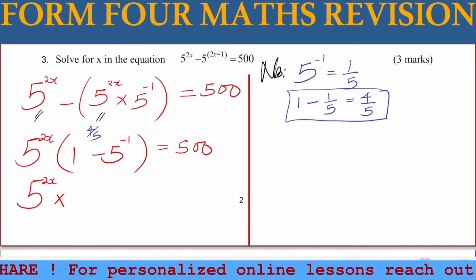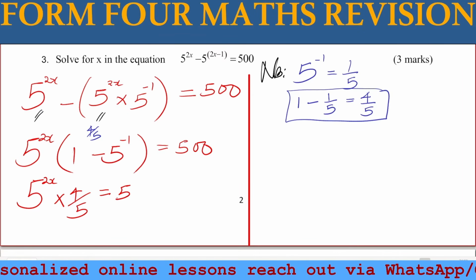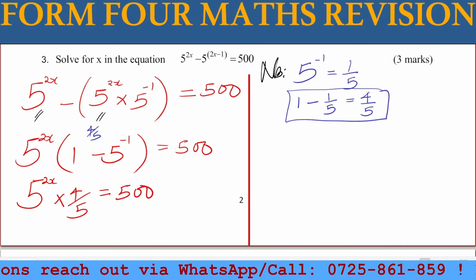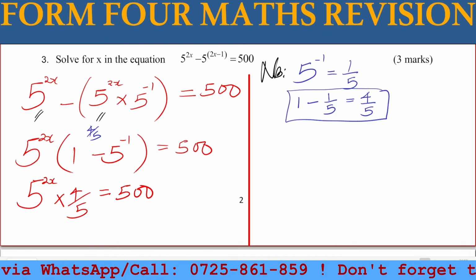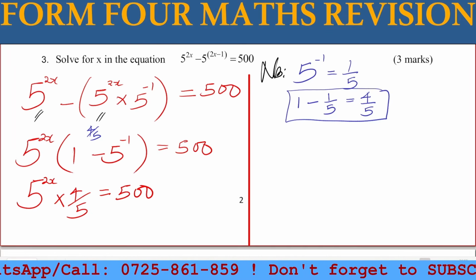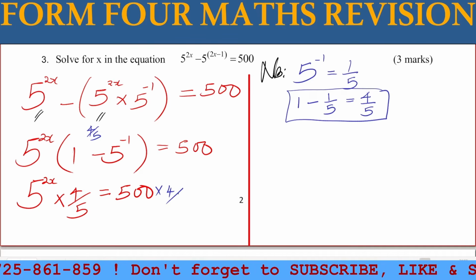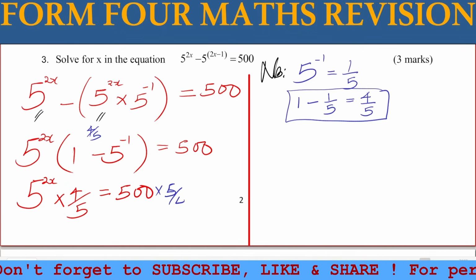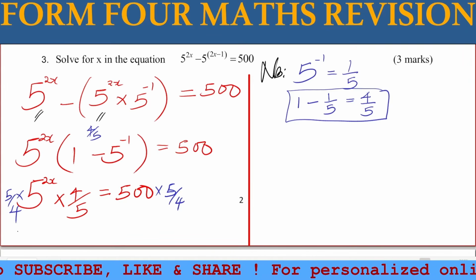So we multiply by 4/5 is equal to 500. From here, remember you want to solve for x, so you can eliminate 4/5 by multiplying both sides by 5 over 4. That is the reciprocal.